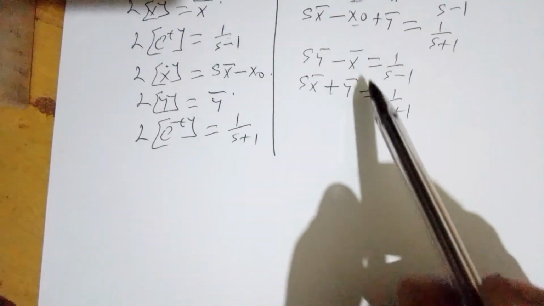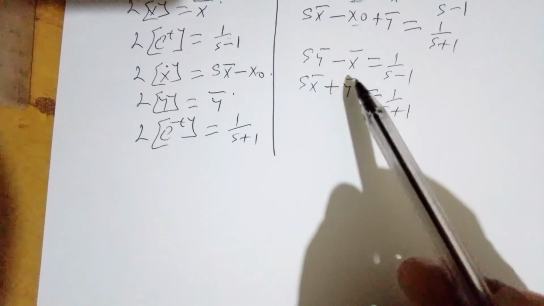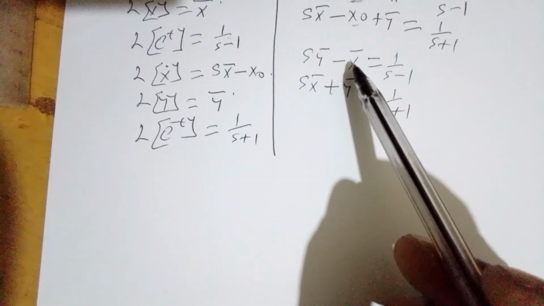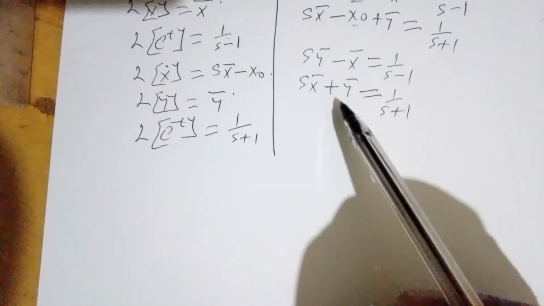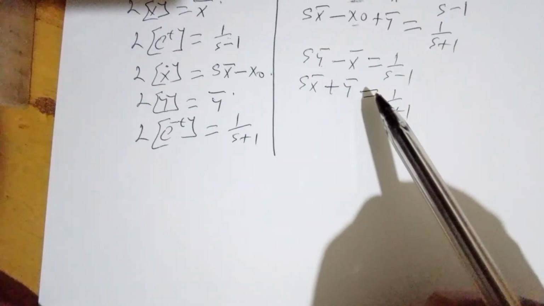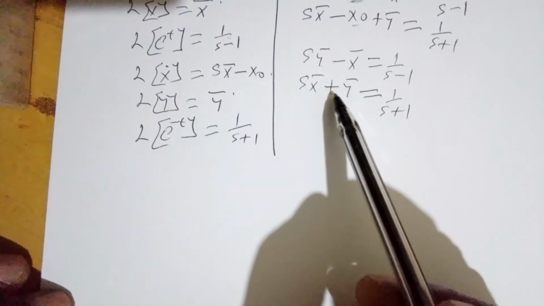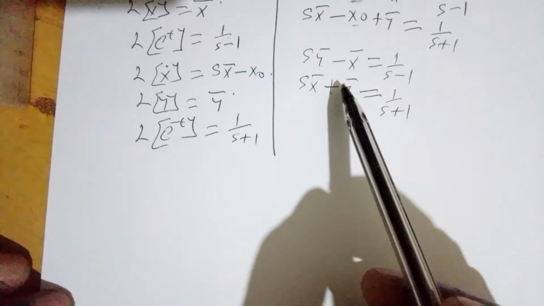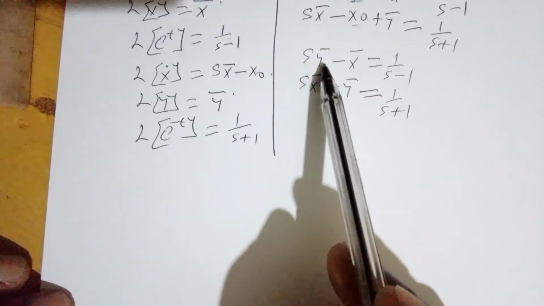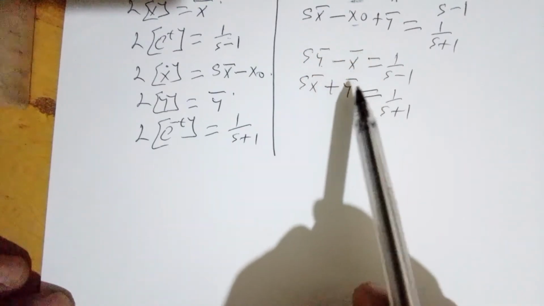Now at this point we need to solve the two equations. We either eliminate y bar or eliminate x bar and then solve. If I want to eliminate y bar, you realize that here is s y bar minus x bar.